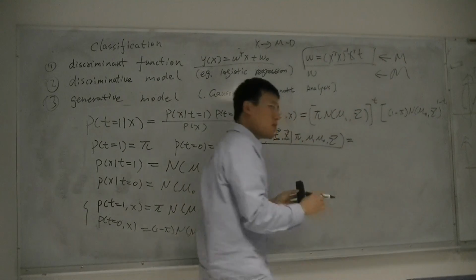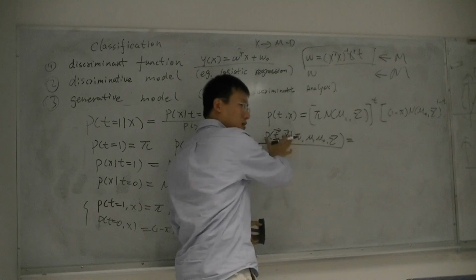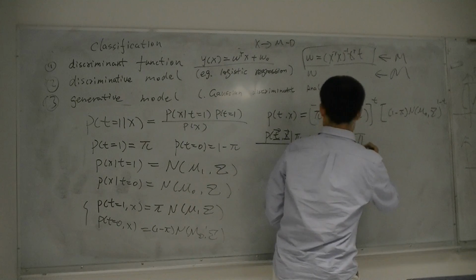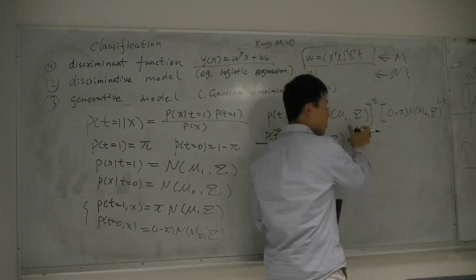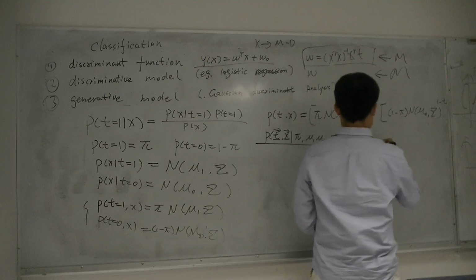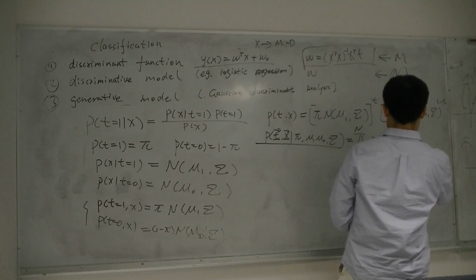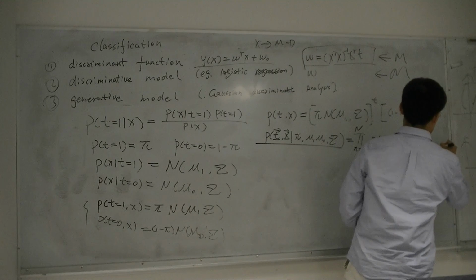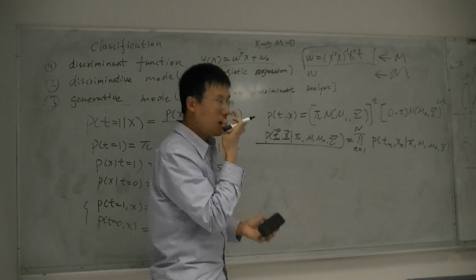And we suppose each observation is independent, so this joint distribution can be decomposed as a product over all the observations. We have a total of n observations. So in this case, we have the product of p(tn, xn given pi, mu1, mu0, and sigma), right?